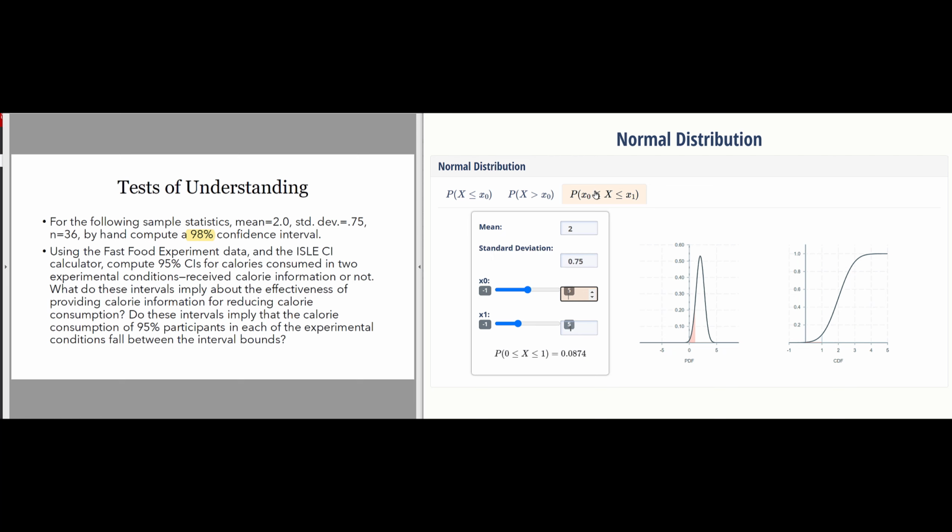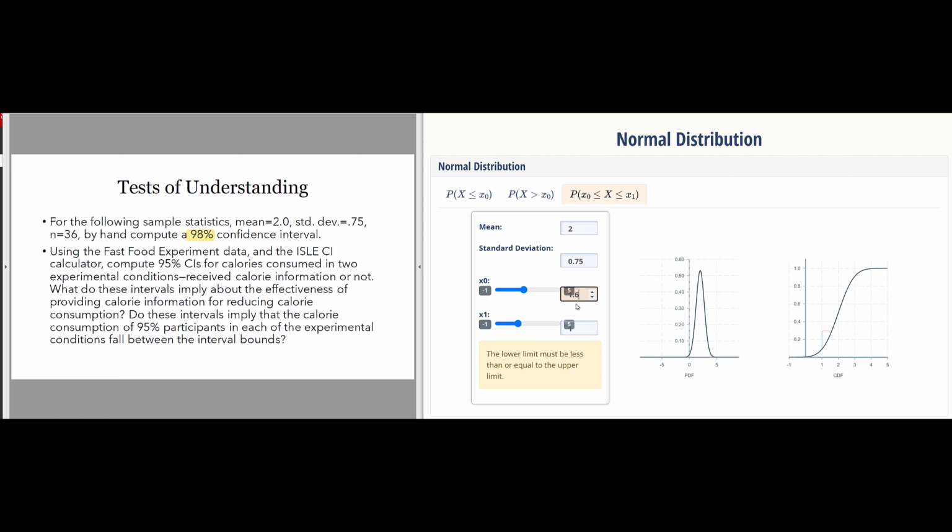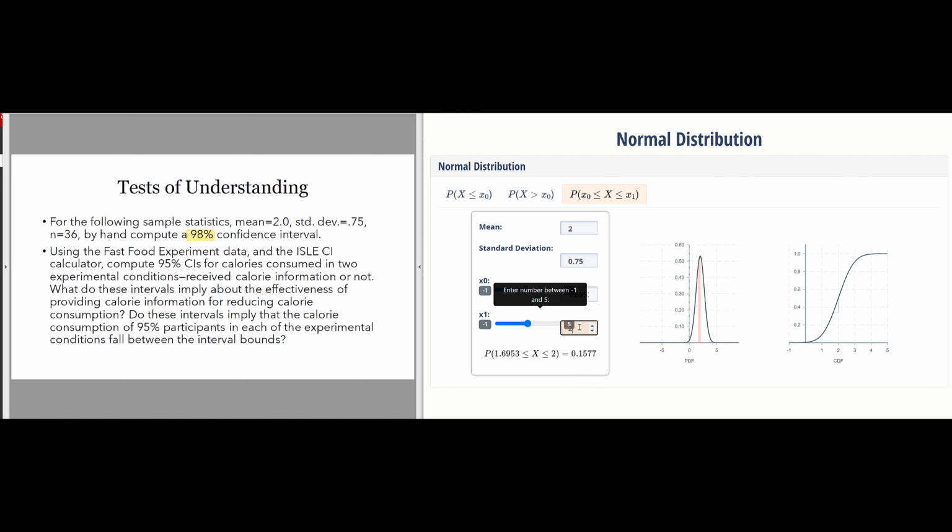Actually, this is the normal distribution, all right, we're looking at the normal distribution tool here. So we're going to go from 1.6953 to 2.3047.